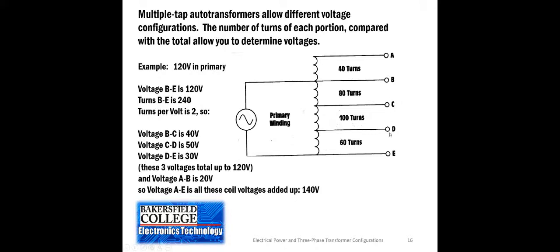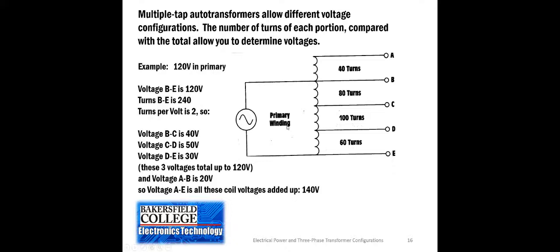Between B and E is 240 turns, and then there's another 40 turns. So between A and E, there is 60 and 40 and 100 and an 80. So that's 280 turns.